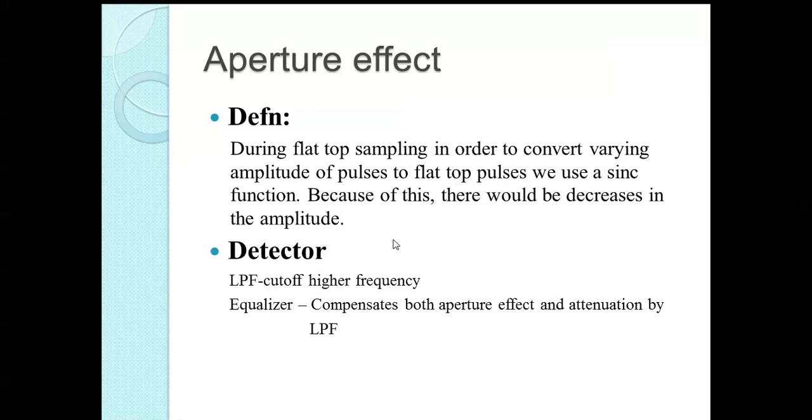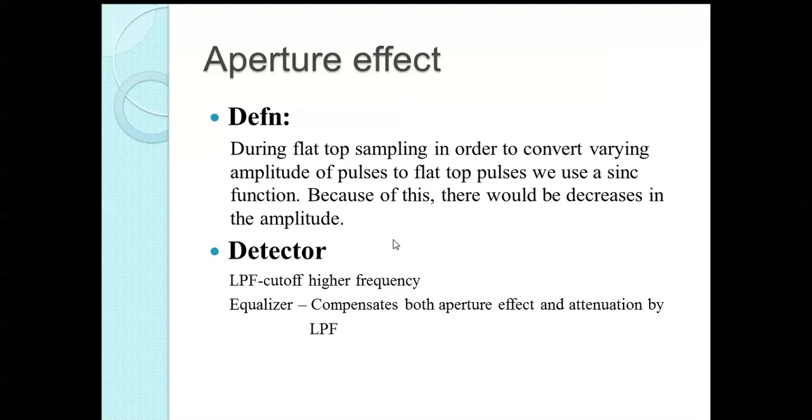While discussing sampling and reconstruction, we said the reconstruction process will have a net of frequencies which will be overlapped. When you trace it, you call it a sinc function. So this sinc function, after the detection part, causes a decrease in the amplitude.